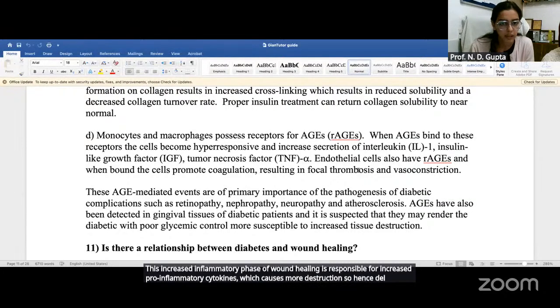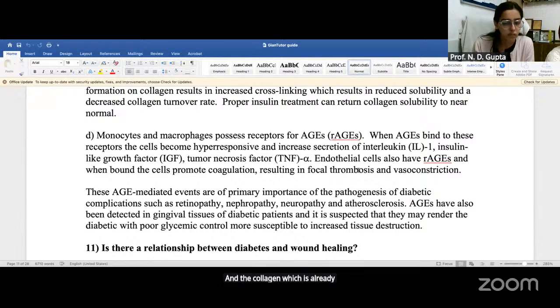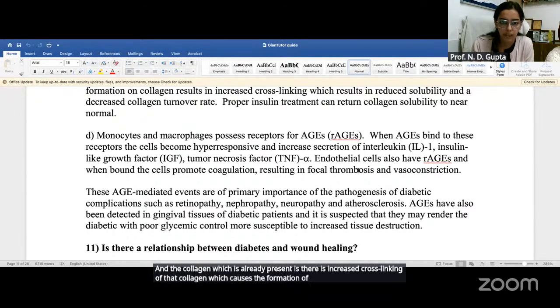Not just that, the main cell responsible for the proliferation phase of wound healing is the fibroblast. Its action is altered because of hyperglycemic conditions. So new collagen formation is defective and reduced, and in the collagen which is already present, there is increased cross-linking, which causes the formation of advanced glycation end products. So the overall turnover rate and the quality of collagen that forms is altered.